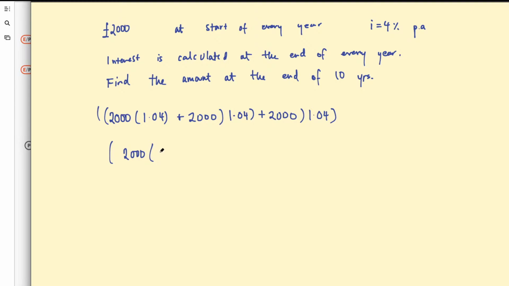Just wondering, how could we simplify this? Is there a nice neat formula?